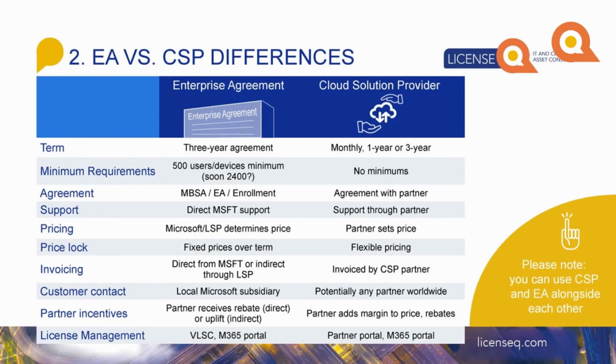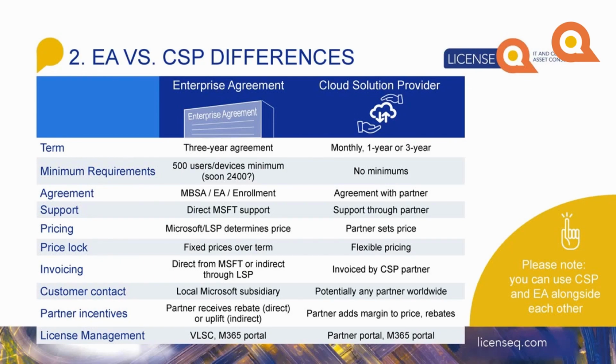You are paying your margin, and there is a rebate depending on the type of product you buy. But there is usually a lot to negotiate with the partner, whereas within the enterprise agreement, the fees are more limited, and it's often a bit difficult to negotiate that back from your partner.